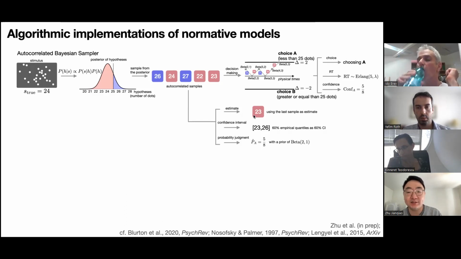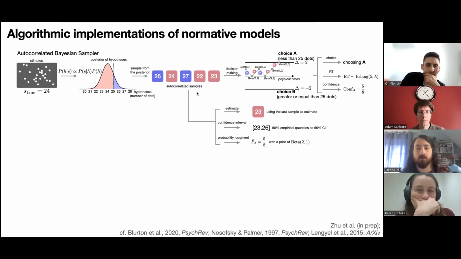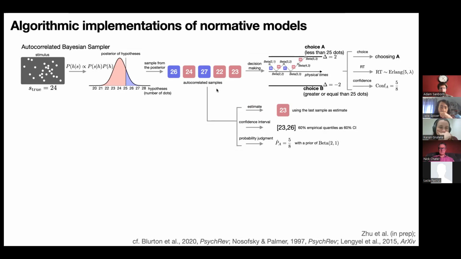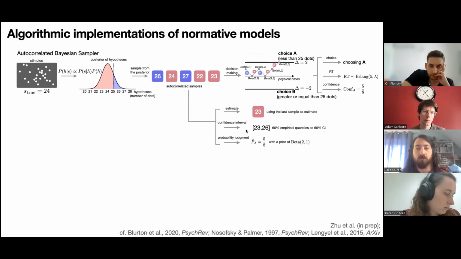In this case, 23 is reported as the estimate, and when people are asked to produce confidence intervals, we can essentially just transfer the empirical quantiles of these samples as the confidence intervals. So if people are asked for 60% confidence intervals, we just strip off the two extreme samples, and then make our confidence interval between 23 and 26.